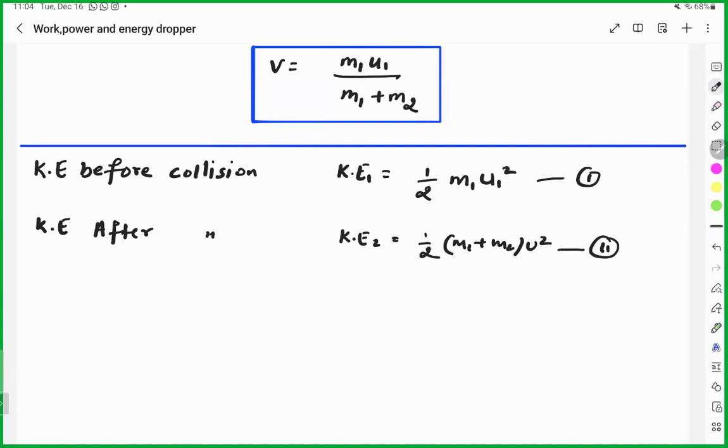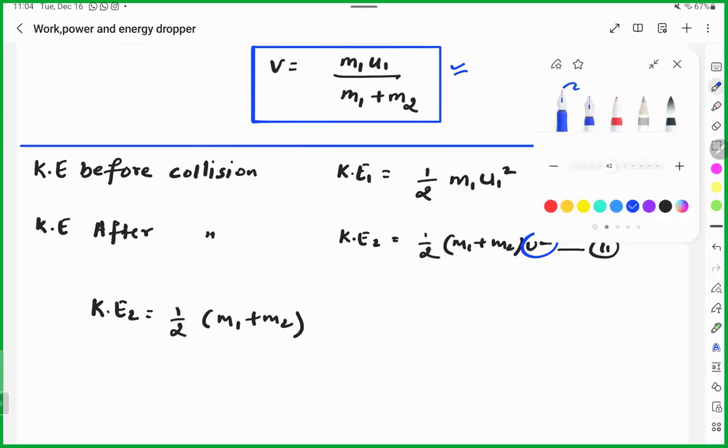If you put the first energy value, you can put this value of v also, depending upon the situation. So can we say the kinetic energy of the second is equal to half (m1 plus m2), and instead of this velocity v square, can we put this value above, m1 u1 and all this stuff? We can put.